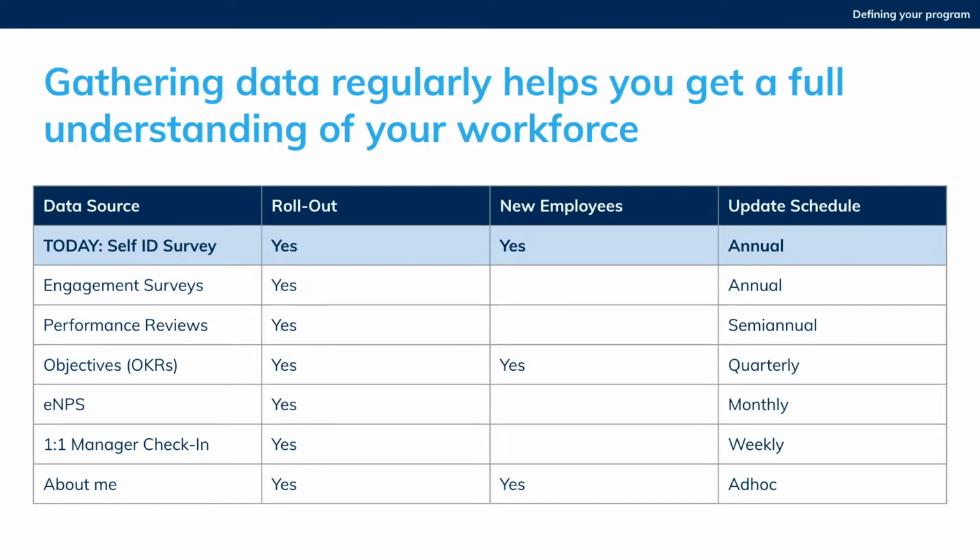Internally we think about a variety of different surveys and forms that we use to engage with the employee base, and you can see here that some of them have different schedules, like the self-ID survey being usually an annual survey versus your annual engagement survey, but then performance reviews being maybe twice a year, objectives on a quarterly basis, and then more regularly when you're doing pulse surveys for eNPS or your one-on-one manager check-ins or your About Me.